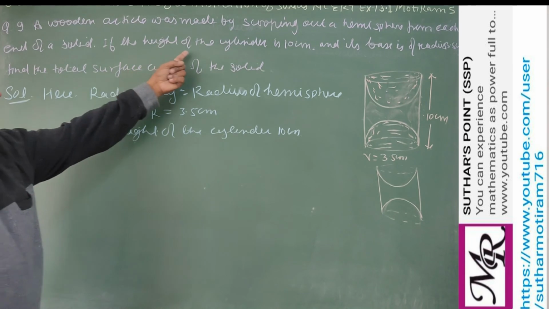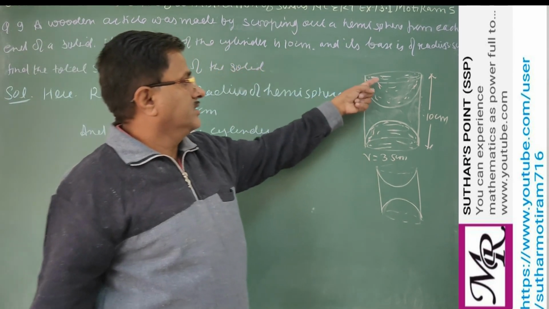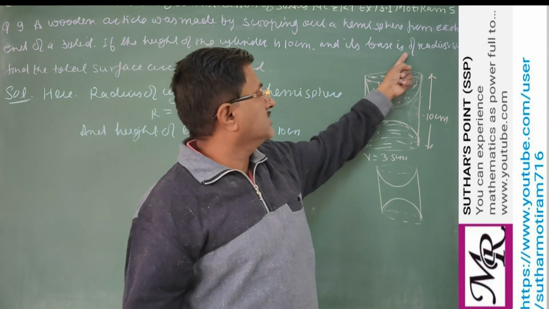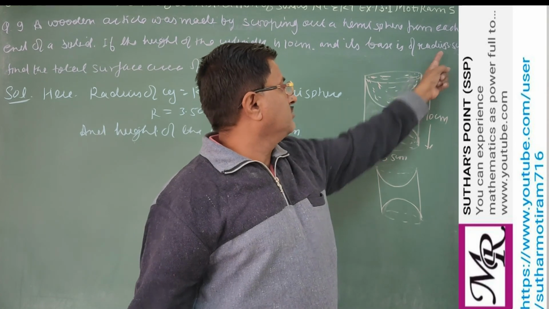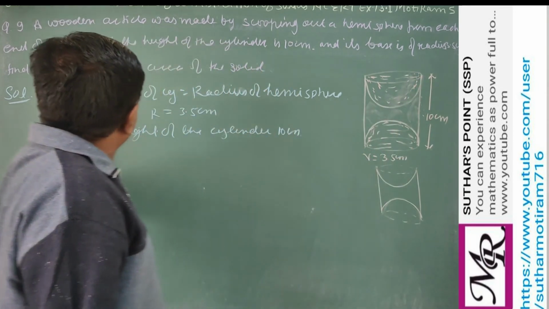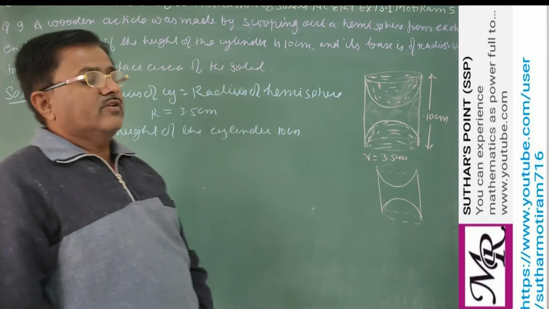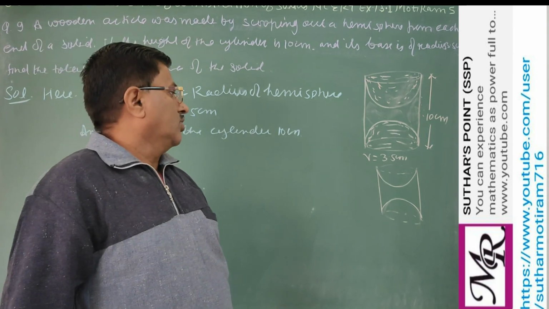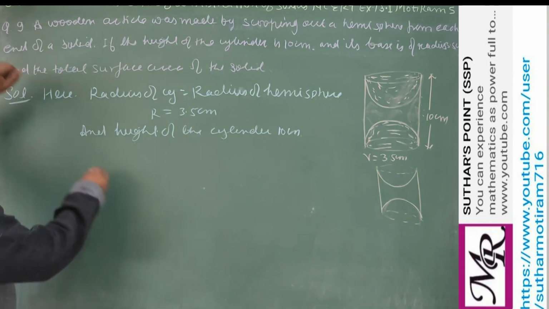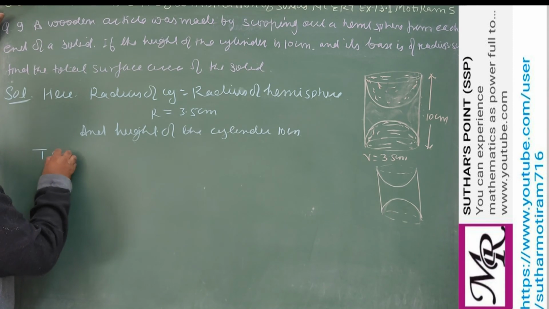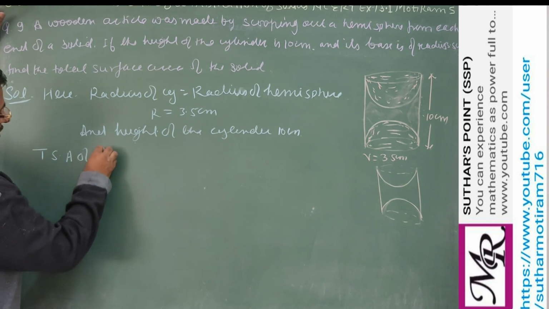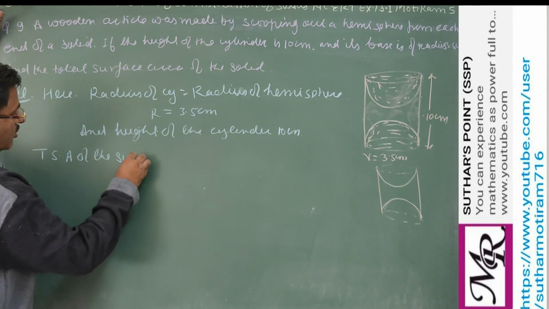If the height of the cylinder is 10 centimeter and the base is of radius 3.5 centimeter, then find the total surface area of the solid. Clear? So you can say total surface area of the whole solid.